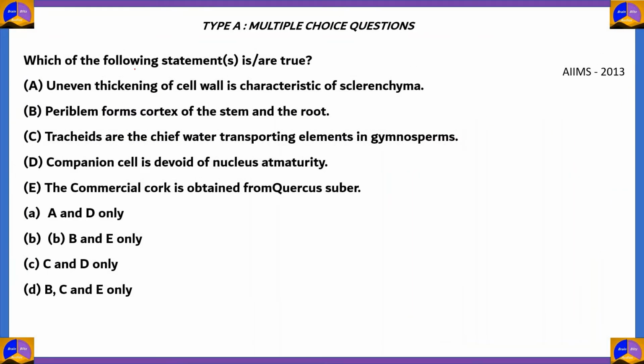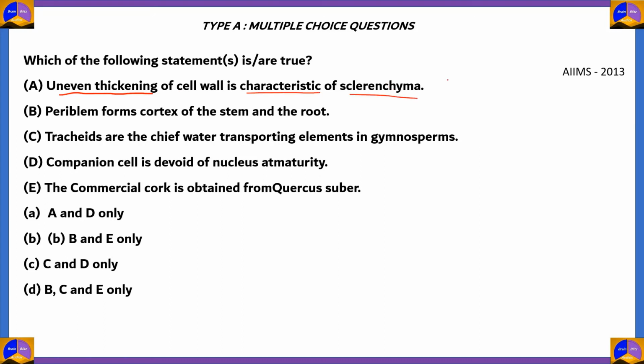Next question. Which of the following statements is or are true? So we have 5 statements here and 4 options. We need to analyze these statements and see whether they're true or false, and then mark the right option. So let's look at our statement A. Uneven thickening of cell wall is characteristic of sclerenchyma.